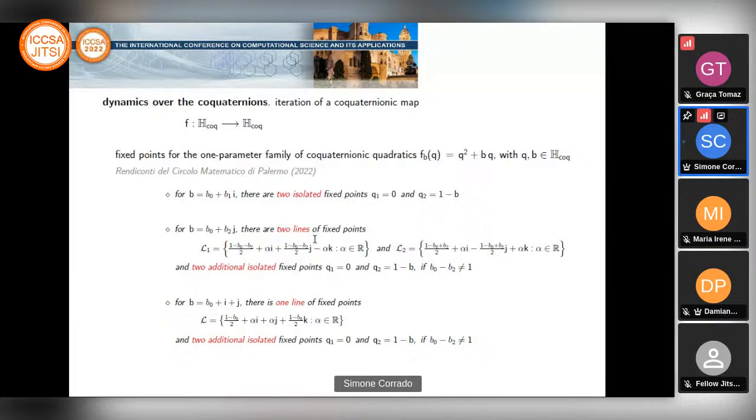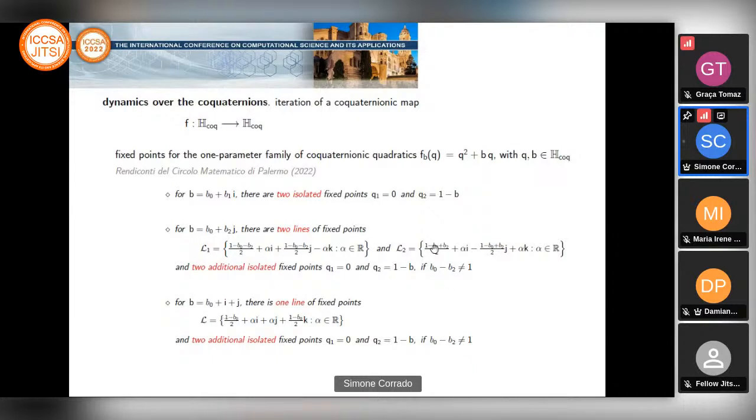And this is something that we haven't for the other family of quadratics, and this is very, very interesting. We could obtain also the expressions for both lines of fixed points, and two additional isolated fixed points, Q1 and Q2, with these expressions.